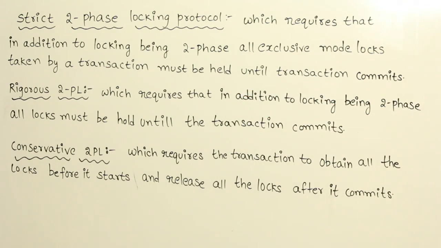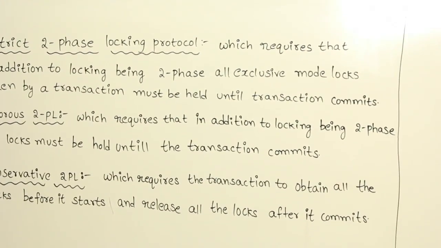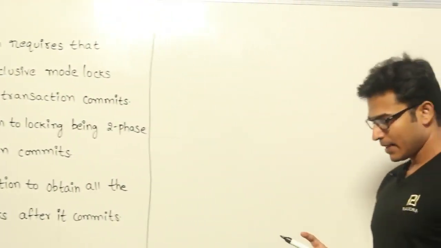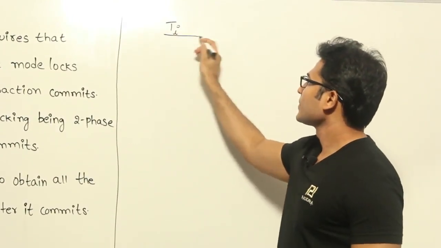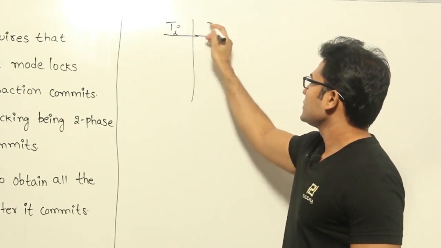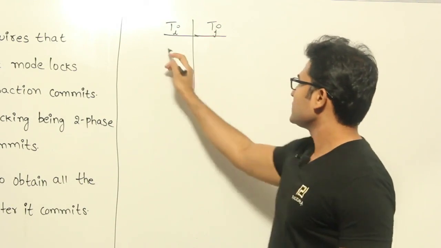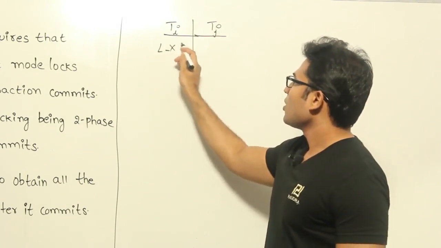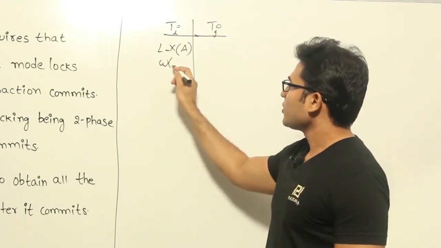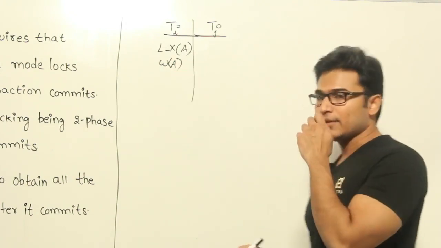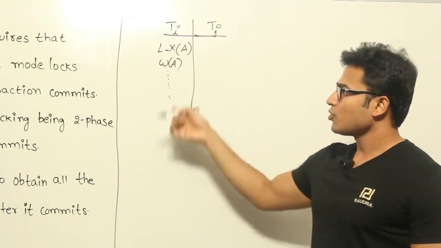So what is the meaning of this? I'll just try to explain it here. Assume that there is a transaction Ti and a transaction Tj. Say there is an exclusive lock on A taken by Ti, and then it is going to write on A. It is not going to release the lock until it is about to commit.